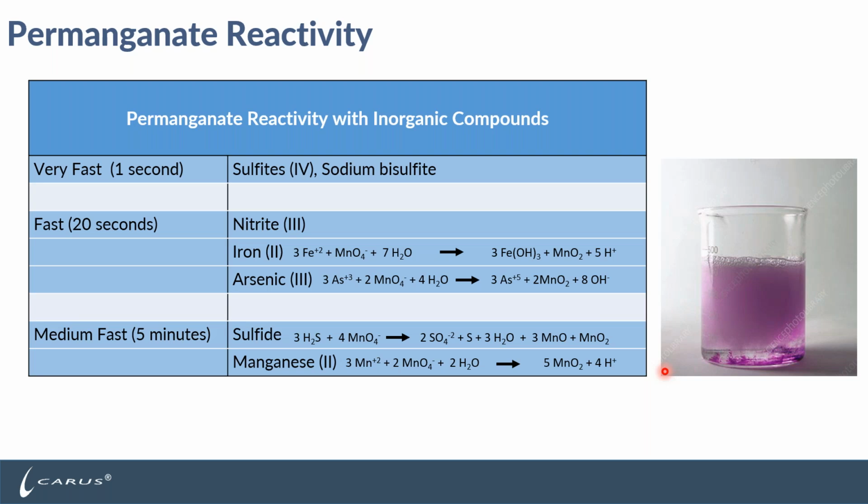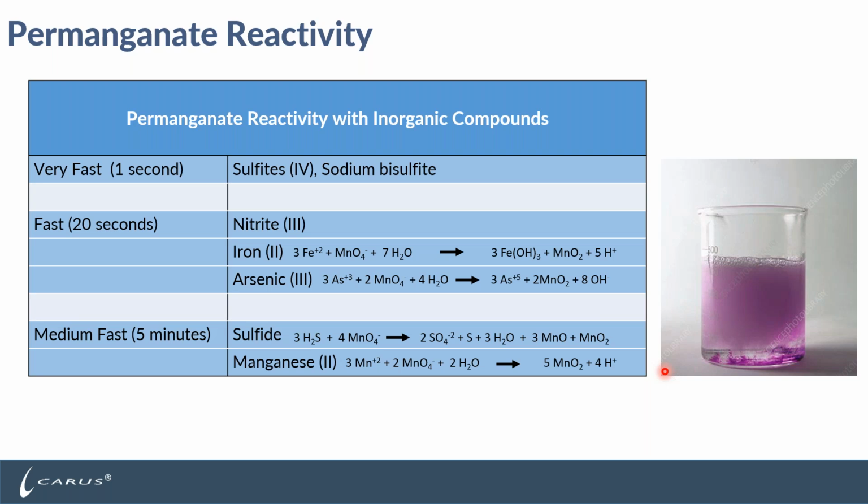So there are obviously many different commercial oxidizers available, so why use permanganate? One of the major benefits is that permanganate reactions are extremely fast, so it can be used where that reaction or retention time in the process is limited.